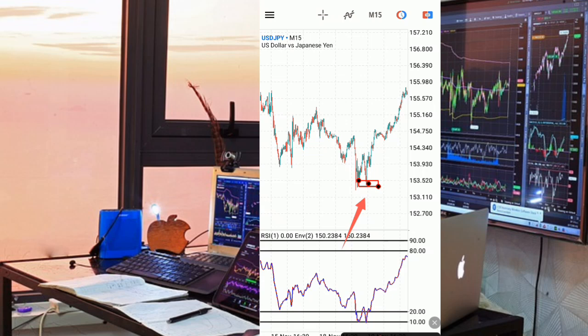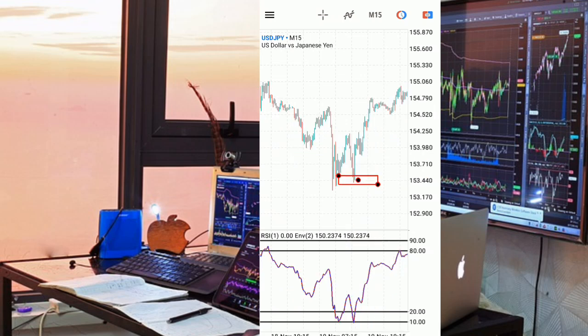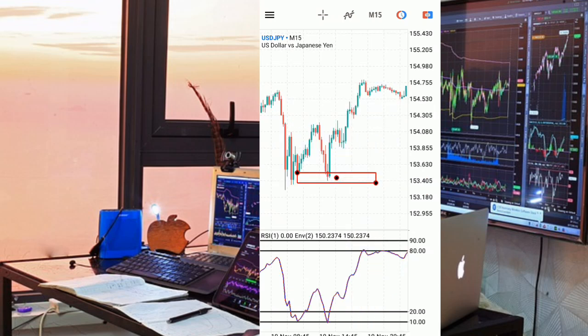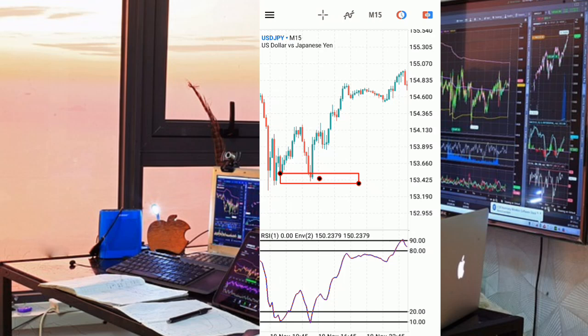Now, as I have already marked using my rectangle there, that's my order block, and we know that price is going to come back and try to retest the last order block. So this was the turning point, and then price went up, came back to retest, went up again, and tried to come back and retest before it could take off.